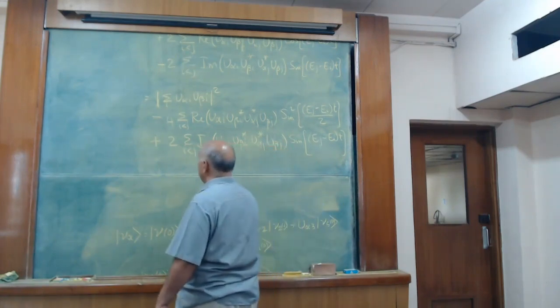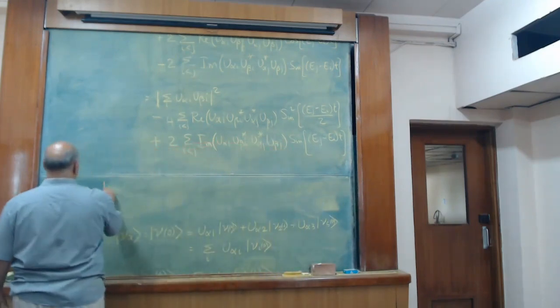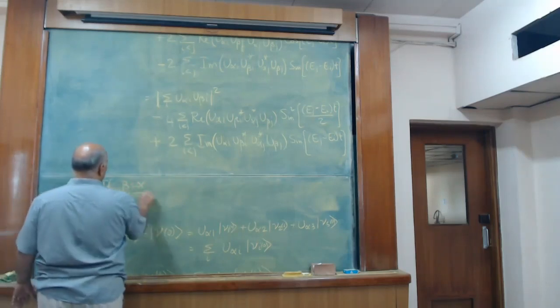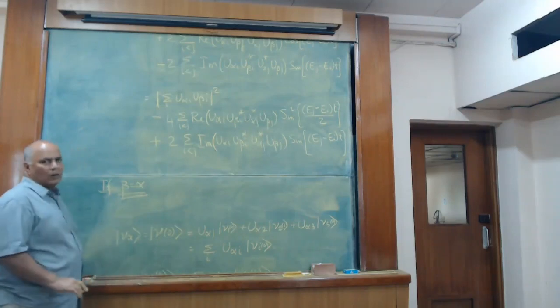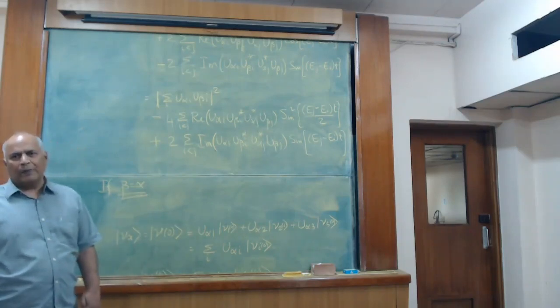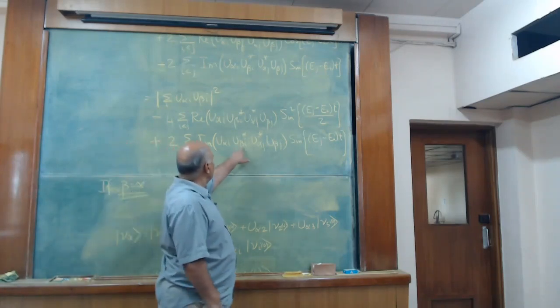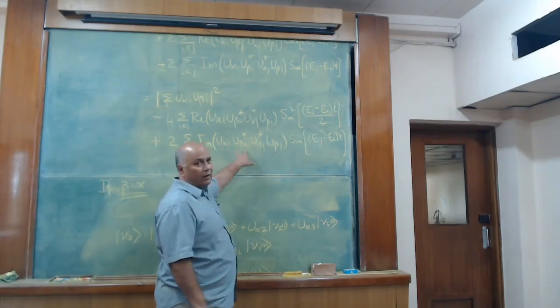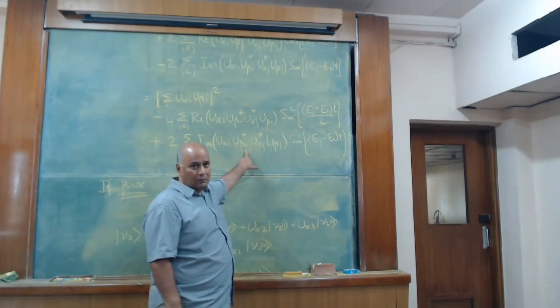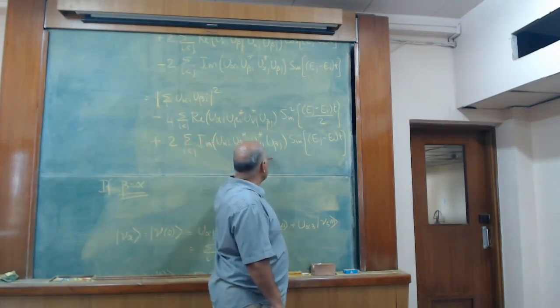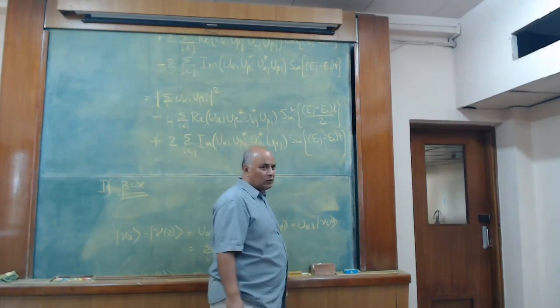And notice that if beta equal to alpha, I am considering survival probabilities. If I put beta equal to alpha, I have u alpha i star, which is mod square, and u beta j star, u beta j, which is mod square.